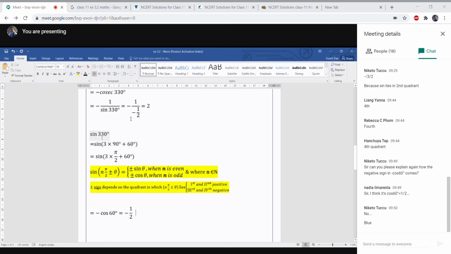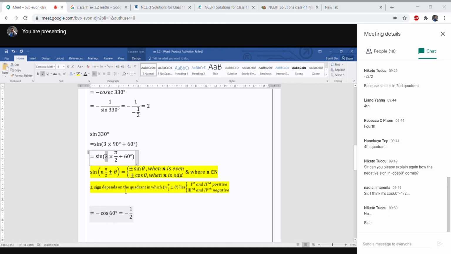Value will be 330 degree, right? So whenever we have sine, we always write the angle in n pi by 2 plus minus theta form, which gives plus minus sine theta when n is even, and when n is odd, it will be cos theta. Look here, n is 3, that is an odd number. So we wrote here sine 3 pi by 2 plus 60 degree equal to minus cos 60 degree.